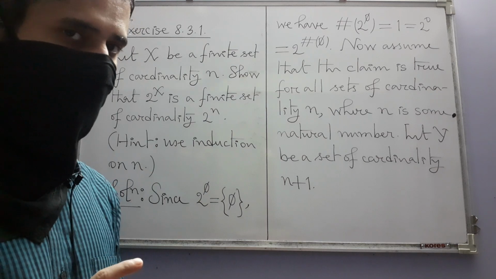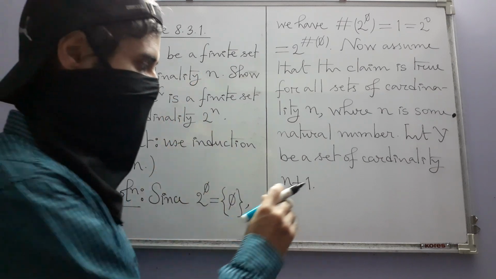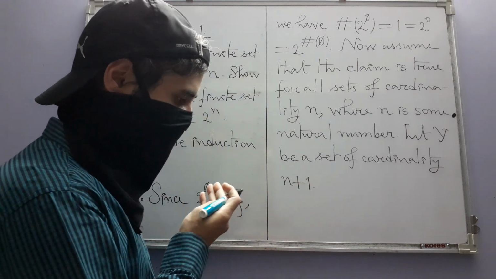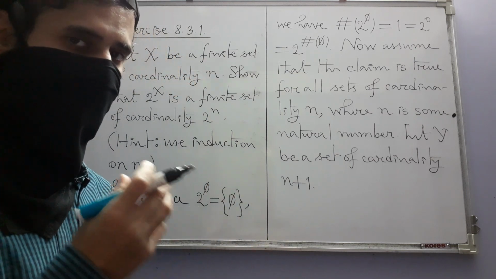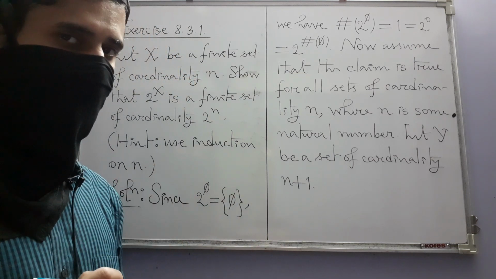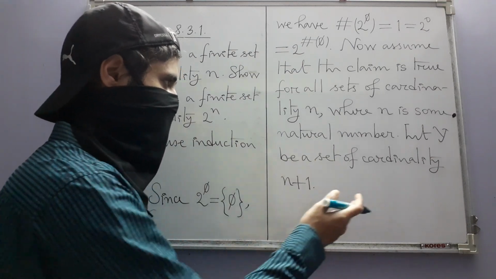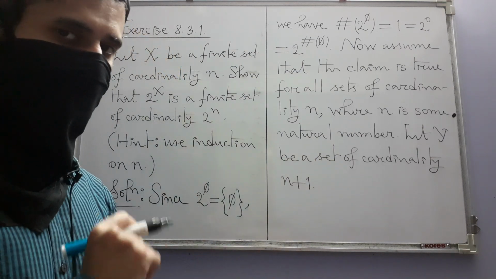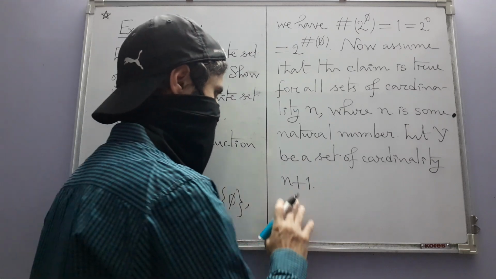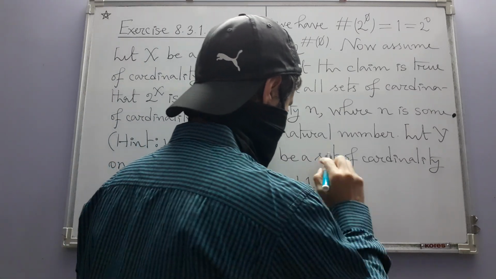That is also a result. Way back we proved that result, and in fact it was given a name also. It's called the single choice. That is, if you have a non-empty set, then you can choose an element from it. Okay, so now we are going to choose one element.